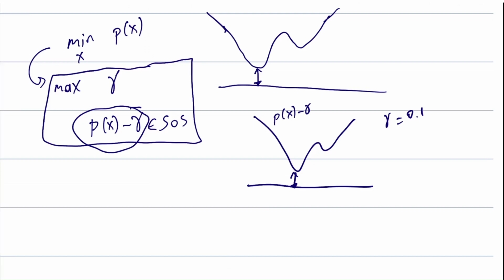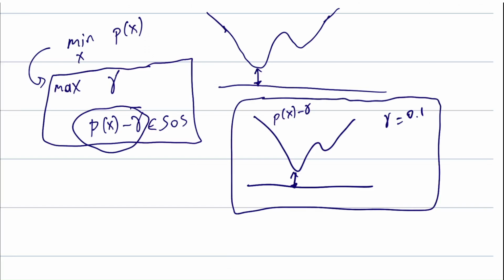We are looking at this right now. Is this polynomial SOS? Yes. So what does it mean? We can increase gamma again. Let's make it 0.2. Okay, again look at it.